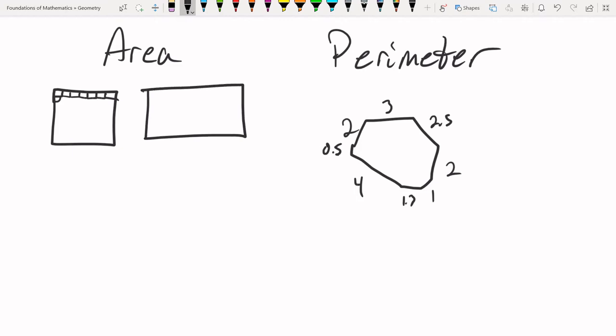When you deal with the rhombus and the parallelogram, it's a little different because it's angled, right? You still want to know how many square things are in there, but now we have this non-squared side, and so we can't quite fit anything in there.